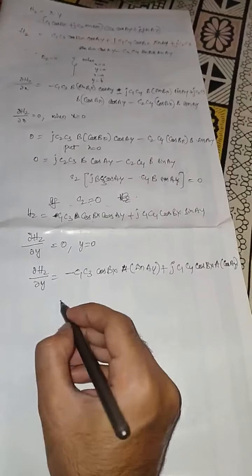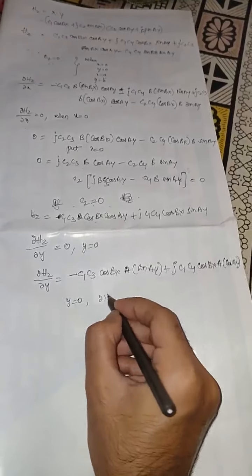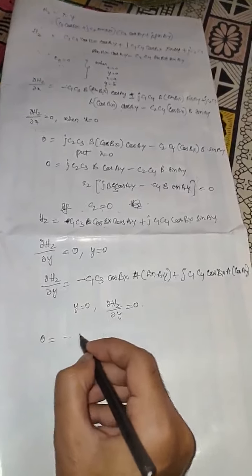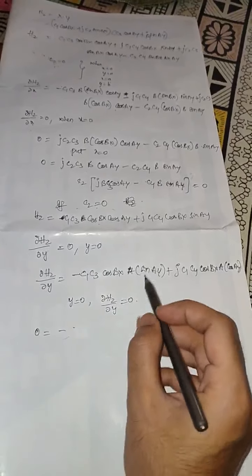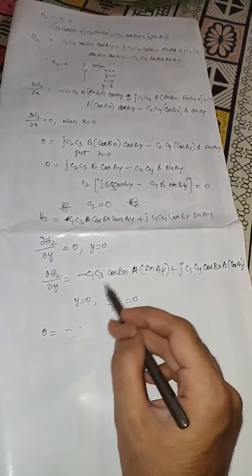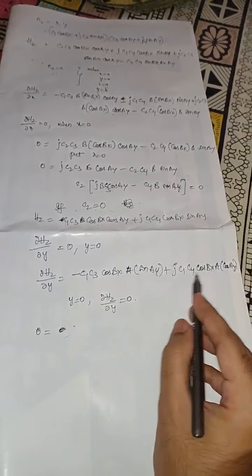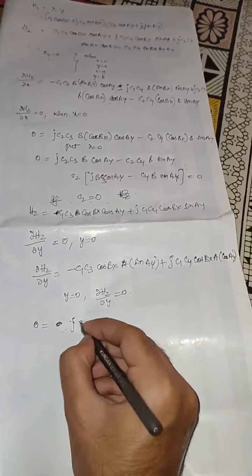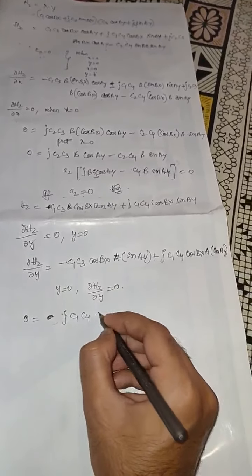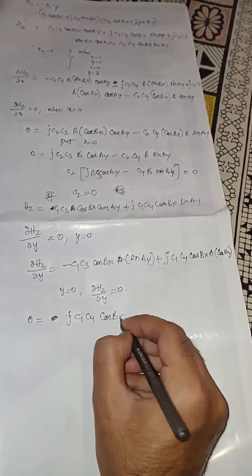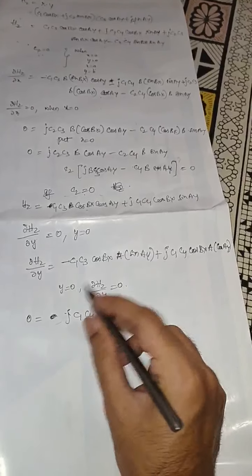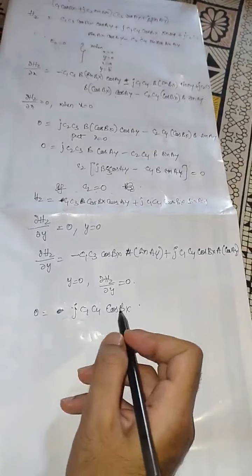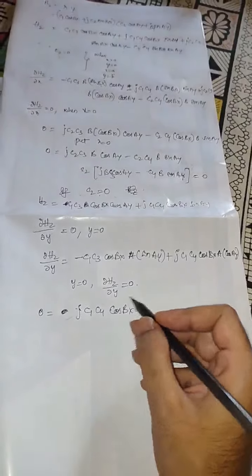If you substitute y equal to 0, then ∂Hz/∂y is equal to 0 in this equation. So if I substitute y equal to 0, the first term is going to be cancelled. Next, this will be j c1 c4 cos bx, since cos 0 is nothing but 1.